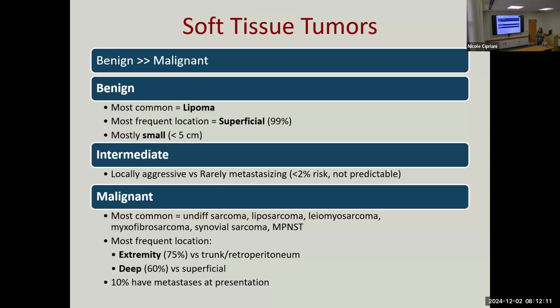Based on that core biopsy, the patient may or may not get neoadjuvant chemoradiation if it's some kind of high-grade sarcoma. They may just get upfront resection. But in all cases, they generally will get surgery, right? Whether it's surgery before or after chemoradiation, surgery is the mainstay of treatment for mesenchymal tumors.